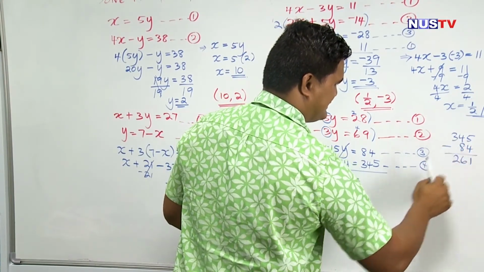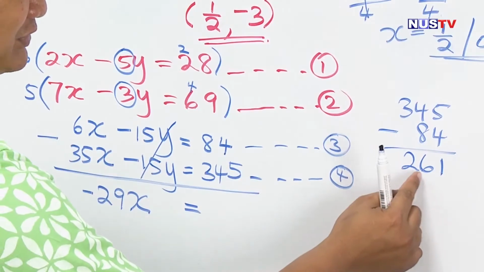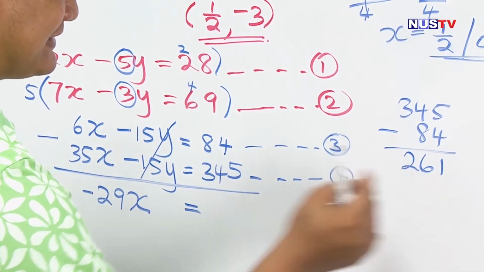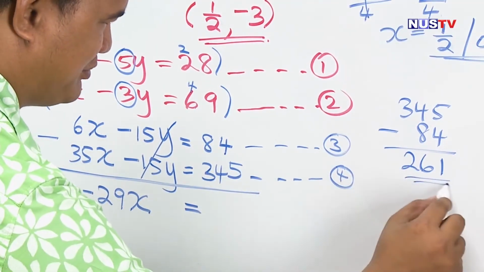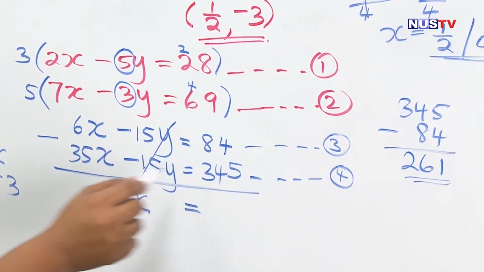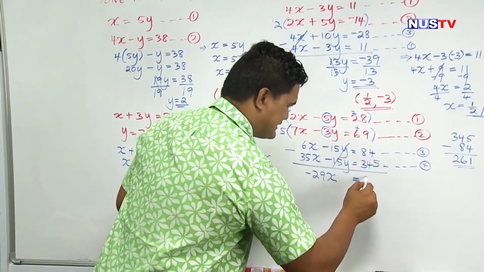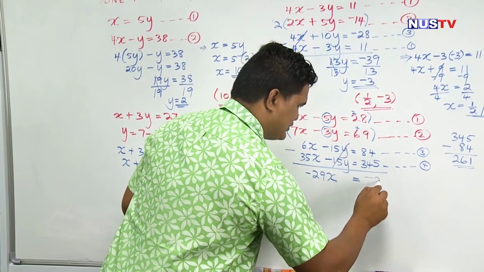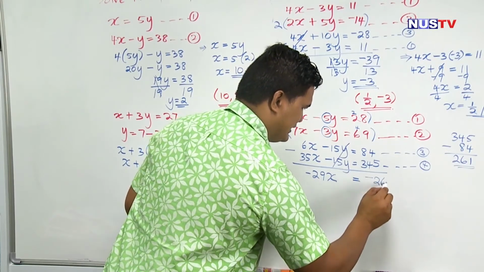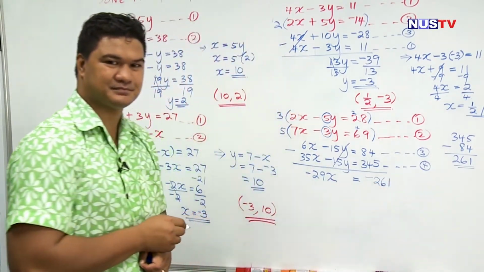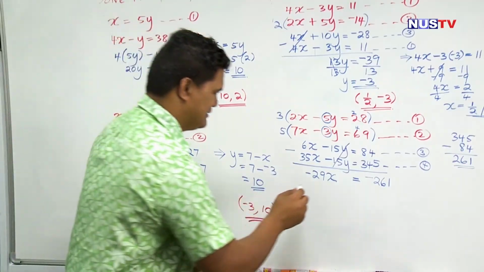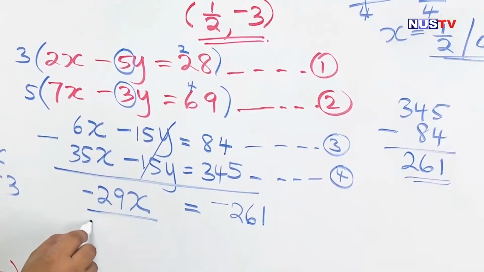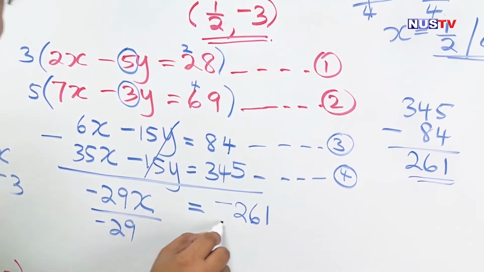So 345 minus 84, the answer will be 261. Because 84 minus 345, the answer will be negative 261. So last step, dividing both sides by negative 29.